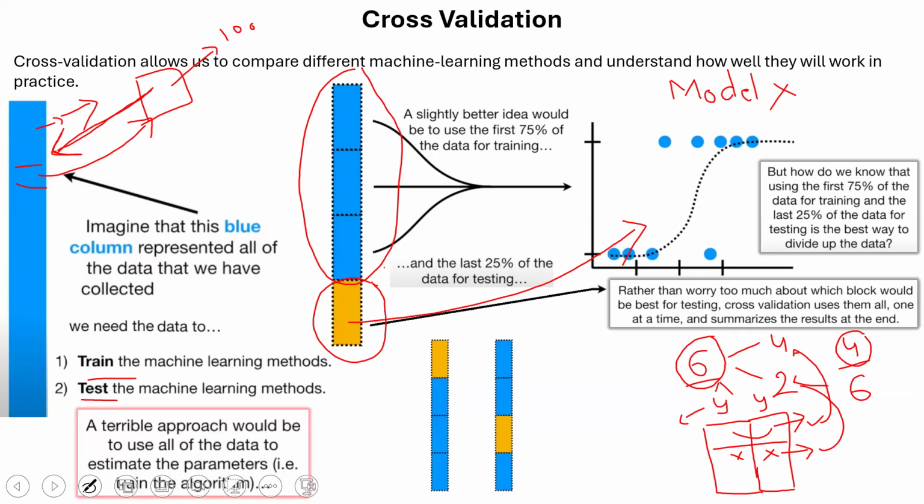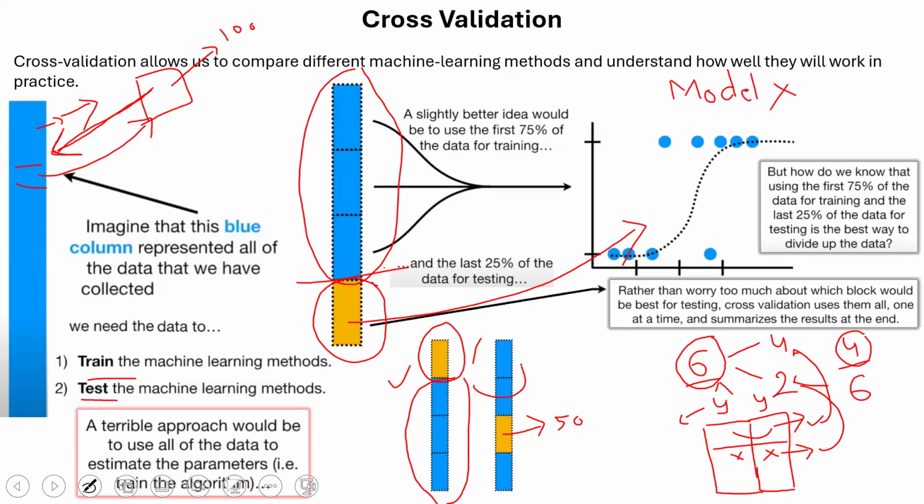How do you know this is the best split? Why not this split? Why don't we use the first 25% of the data as testing and the rest as training? Okay, why not this 50 to 75% of the data as testing and the rest as training? How do you know which is the best split?